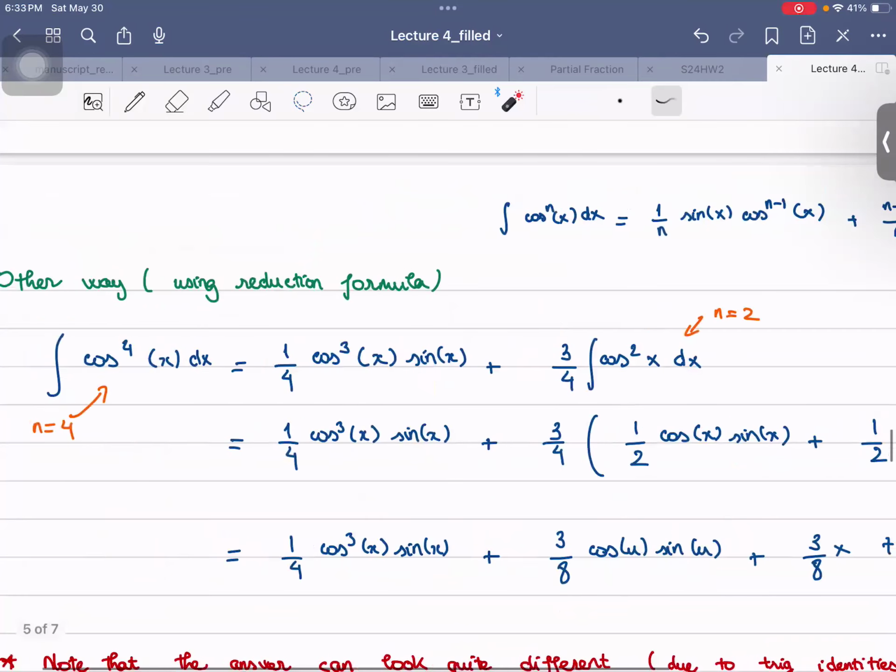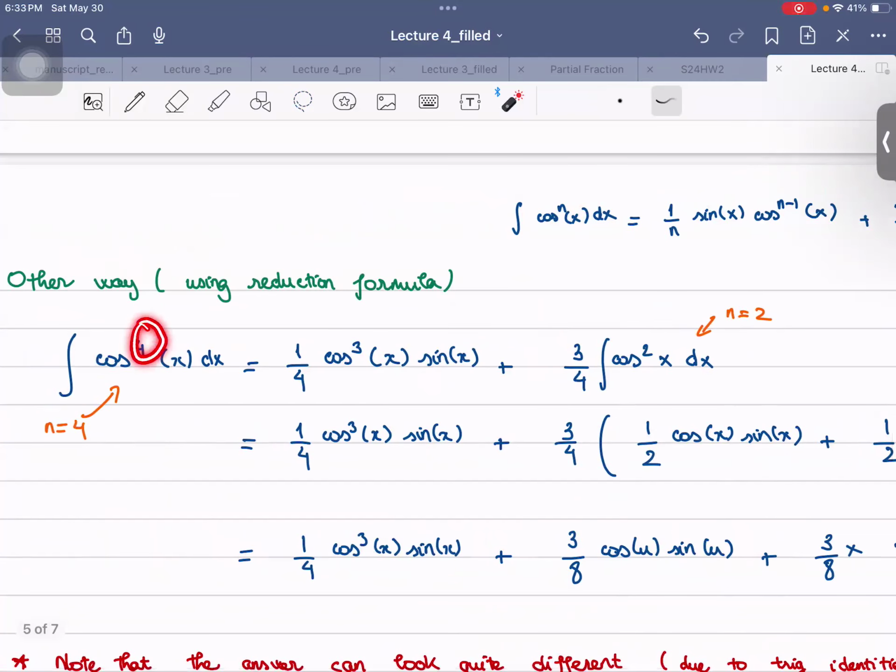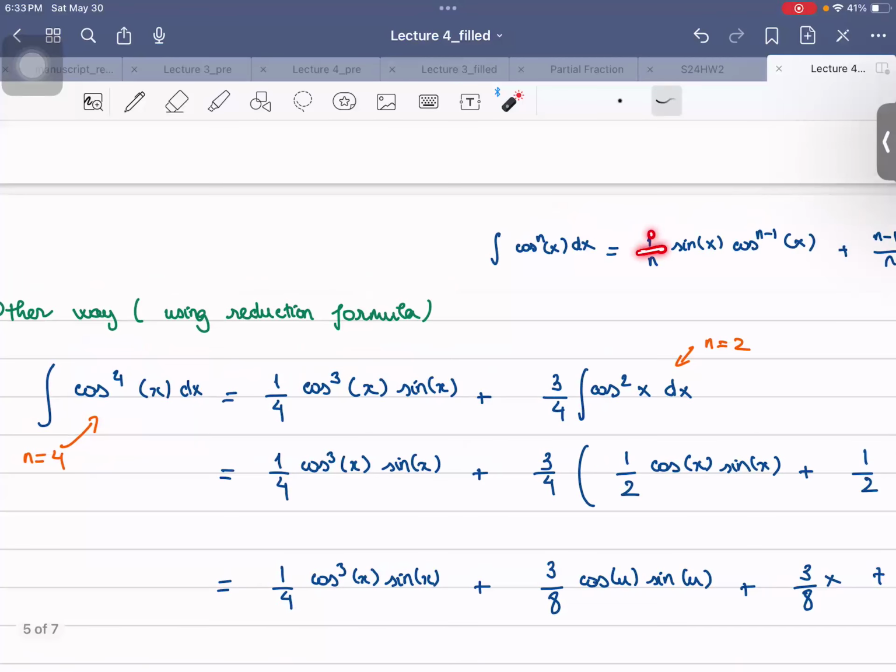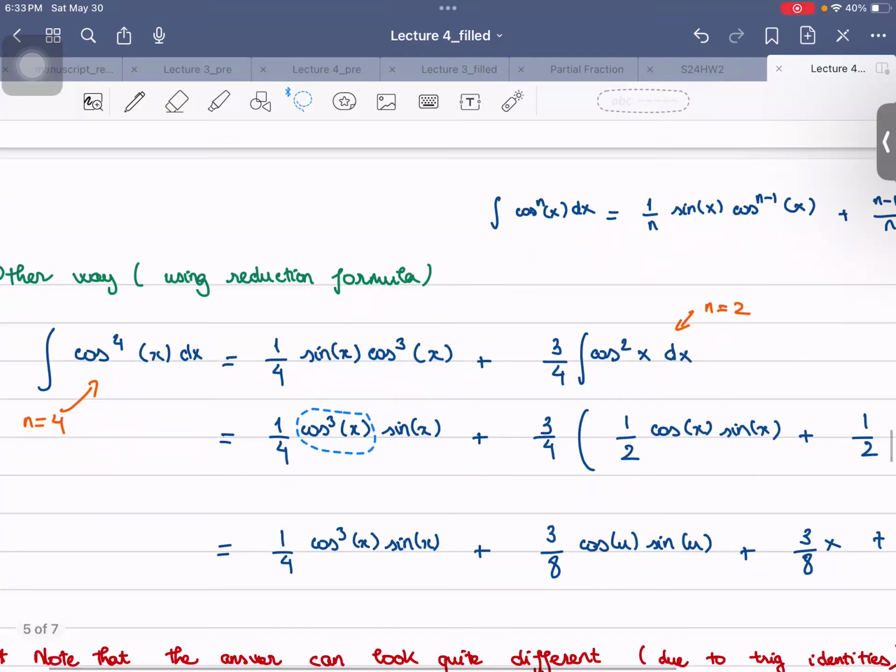Over here you determine that the power n is 4. So I have 1 over n, which is 1 over 4. I have sine of x. Let me rewrite this in this way, so that you can see the similar thing in the formula. Sine x cosine cube x.